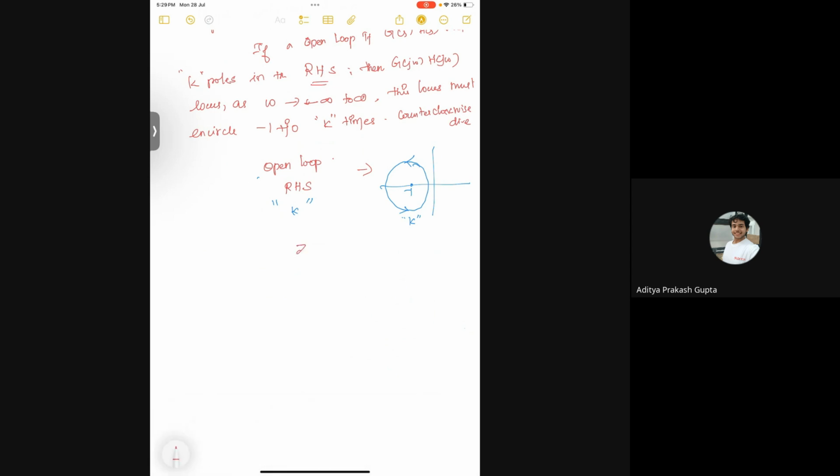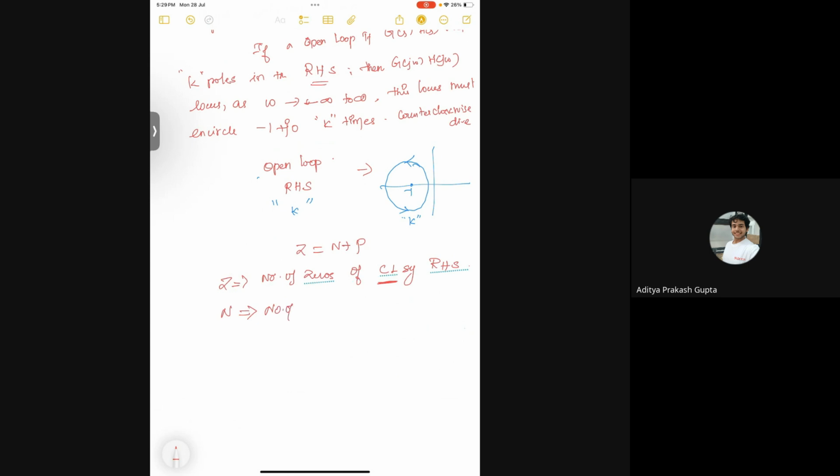This can be easily represented using the formula Z = N + P, where Z is the number of zeros of the closed loop system in the right half of the S plane. Number of zeros of closed loop system. Please pay attention to this line.